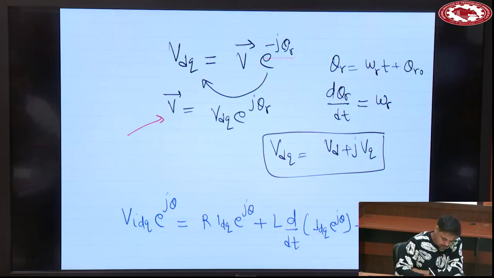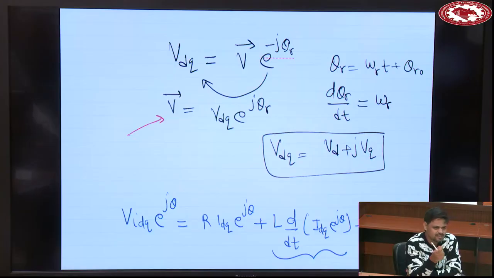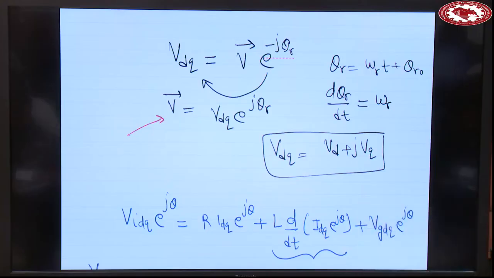If you solve the second term, you have the differentiation of a product: A times the differentiation of B plus B times the differentiation of A. So this Vi dq e to the j theta becomes R I dq e to the power j theta plus L.